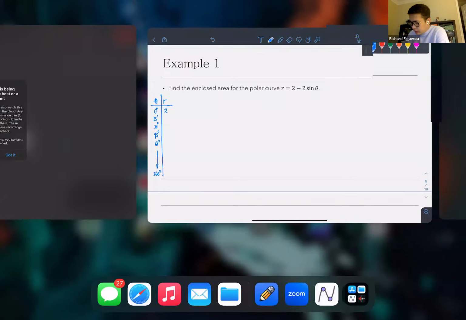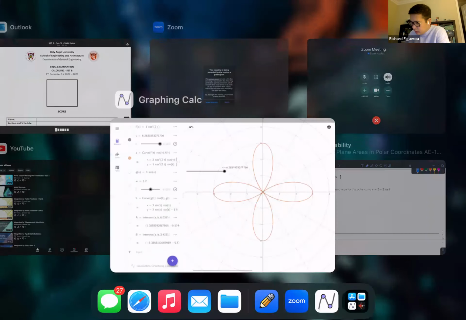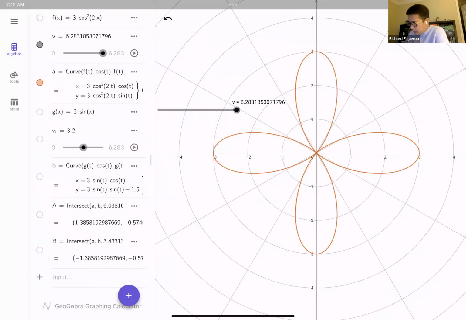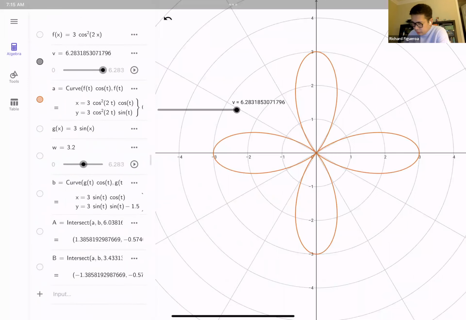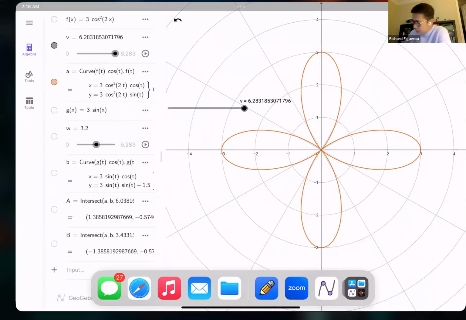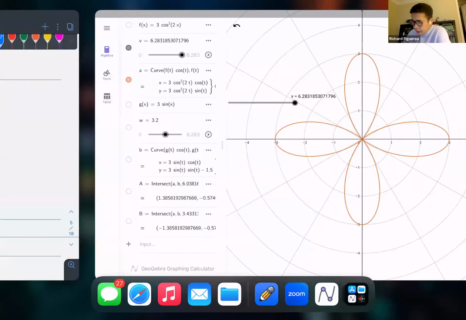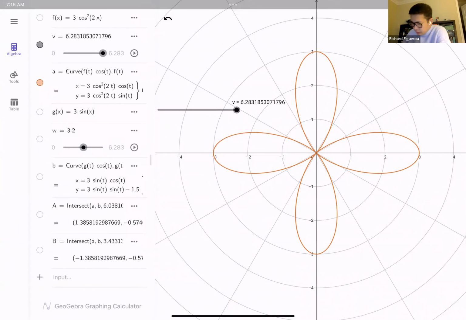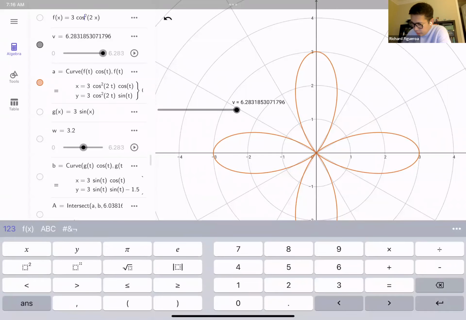And so on and so forth. I'll be plotting that one. So for example, 2 minus 2 sine theta. I'll be doing it here.